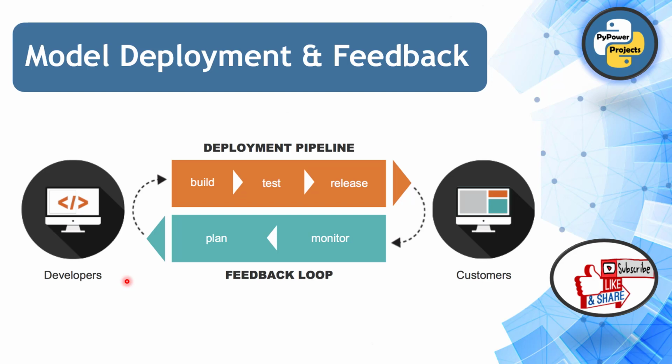So we need to constantly monitor the accuracy of that model, and that is called the feedback stage, a feedback loop from developers to customers. So this is model deployment and feedback.